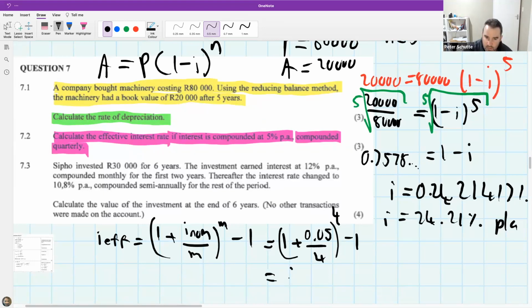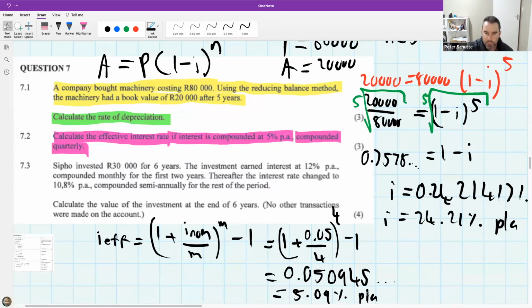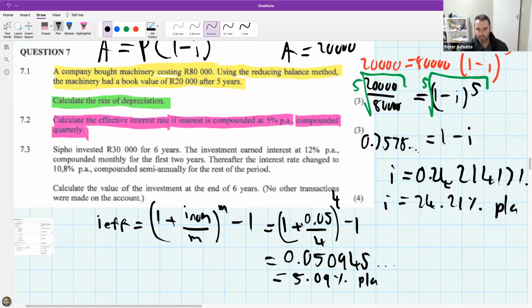So we should be getting, which is going to be 5.09% per annum effective rate. And so what you notice is the effective rate, I know this is just a revision from the last lesson, but it's always good to have a bit of revision.